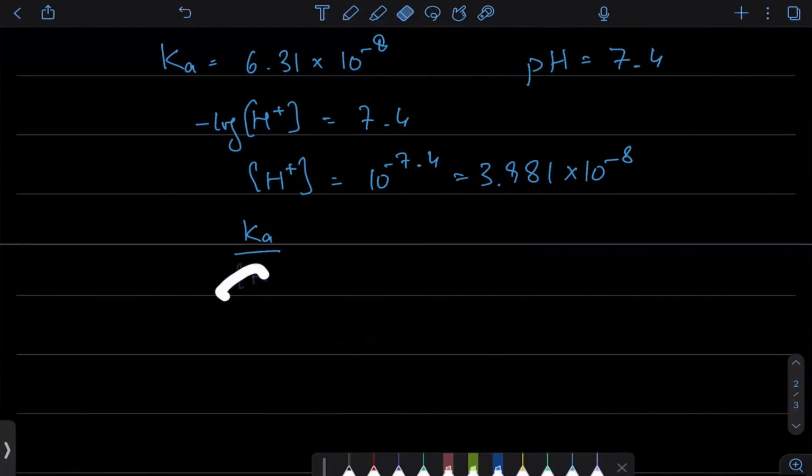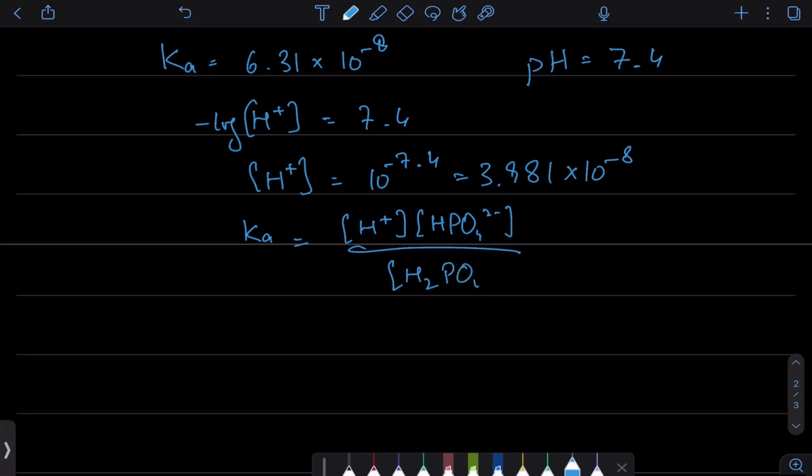Oh, sorry, Ka is equal to H3O positive times the ion that I had over this ion. Okay, so the question says find the ratio of these two. That's pretty straightforward. 6.31 times 10 to the minus 8 over 3.981 times 10 to the power minus 8 is equal to whatever my answer is.